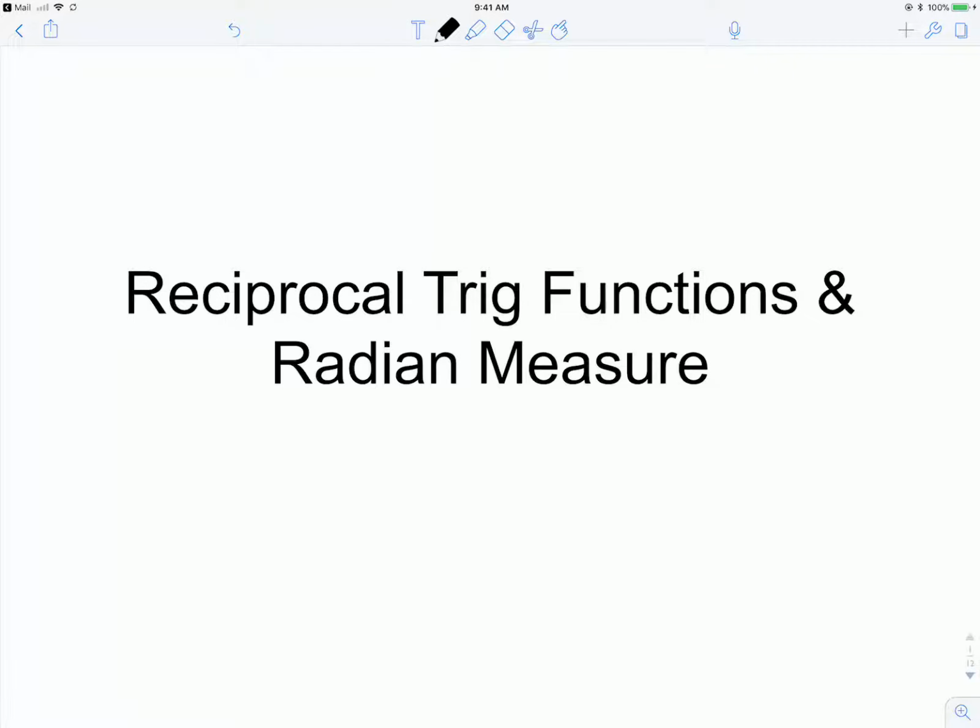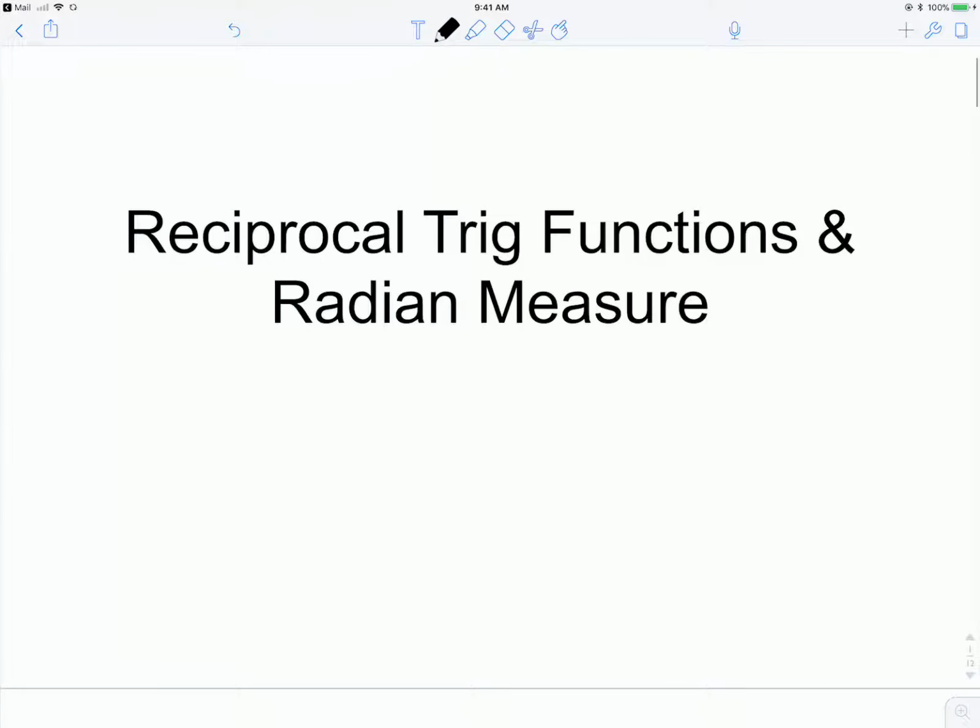Okay, so this lesson is from day 2 of trig. We're going to be looking at the reciprocal trig functions and radian measure for angles.